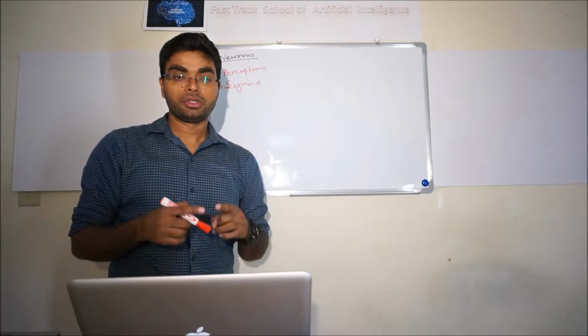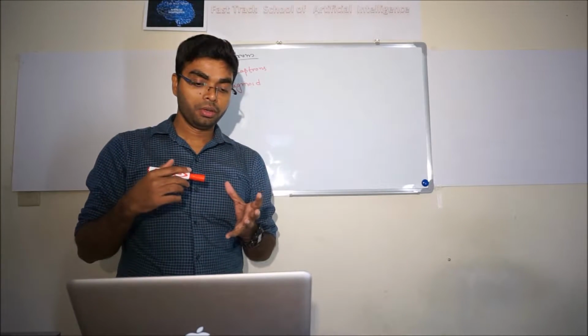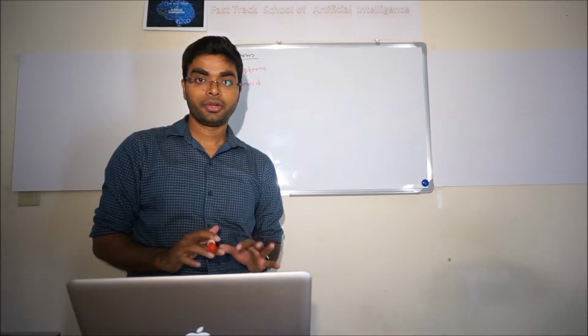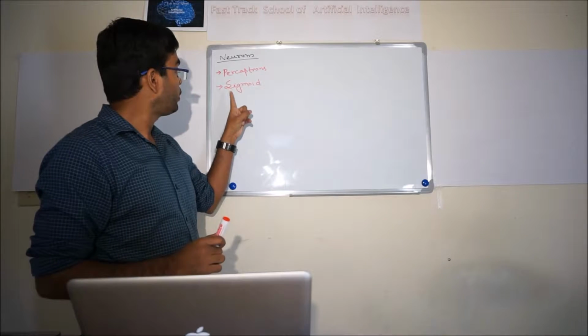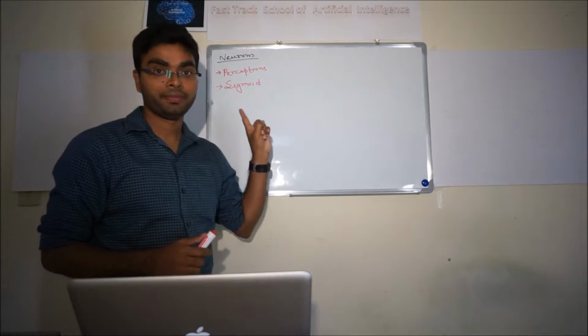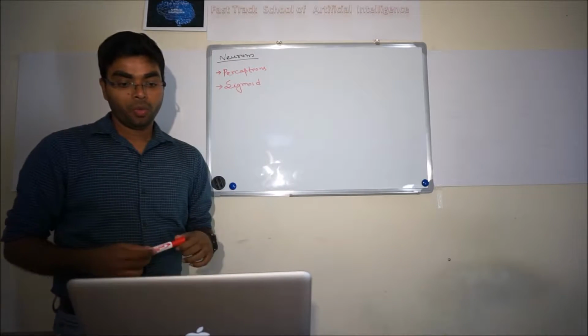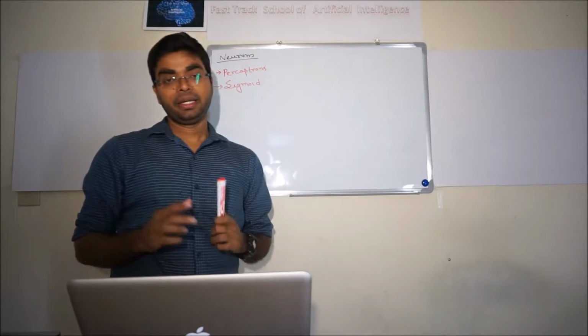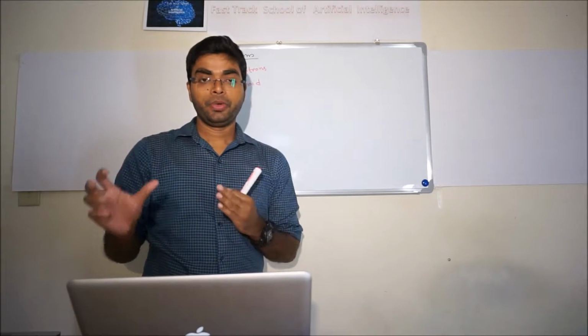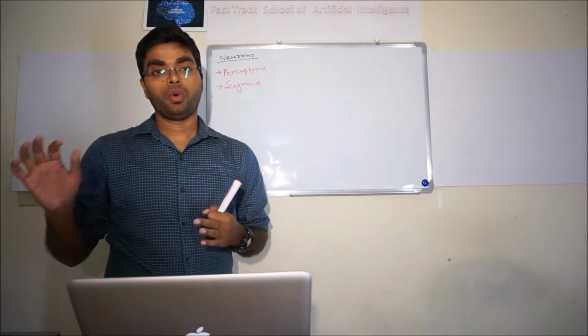The kind of calculations they're doing at the activation stage are different. So the first advanced neuron was sigmoid. What it does is it creates an output value between the range 0 and 1.